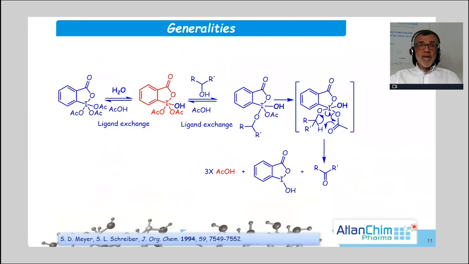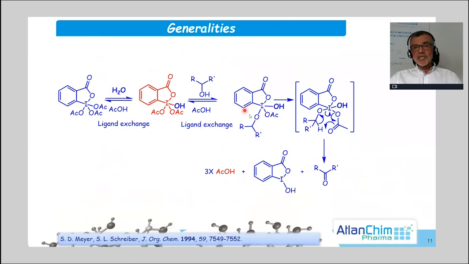To explain this rate acceleration promoted by water, it has been proposed that after a first ligand exchange between water and the acetate group, this first intermediate is formed. A second ligand exchange between the alcohol and another acetate group provided this second intermediate.